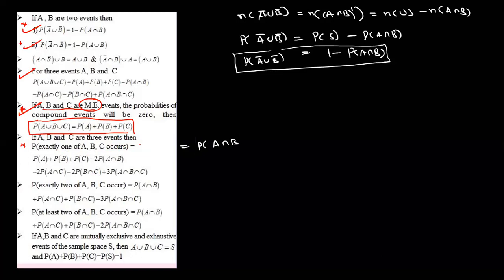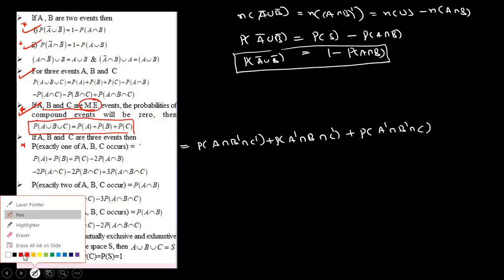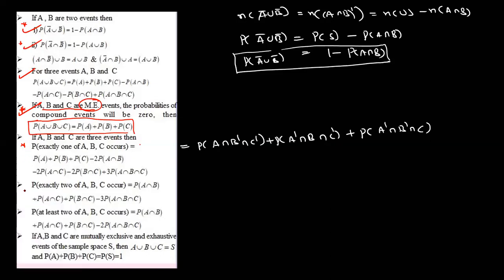A intersection B dash intersection C dash plus A dash intersection B intersection C plus A dash intersection B dash intersection C. That's the meaning. Exactly one of the events is happening. Dear students, write down. This is the formula. So remember all these formulas.